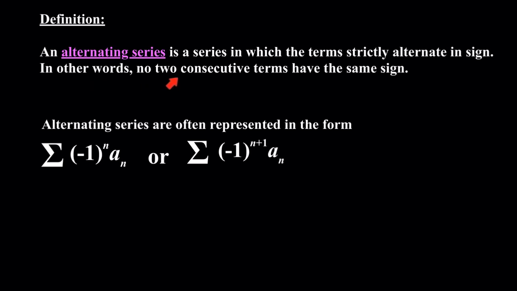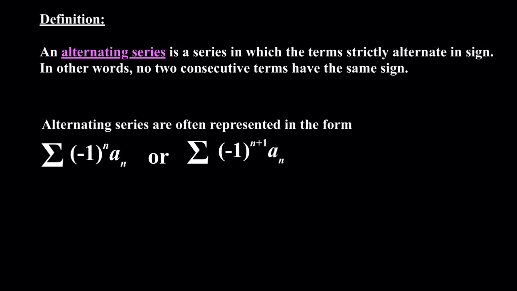In other words, no two consecutive terms are going to have the same sign. So your terms are going to have to go positive, negative, or negative, positive, and so on. You cannot have positive, positive, or negative, negative anywhere in your series.